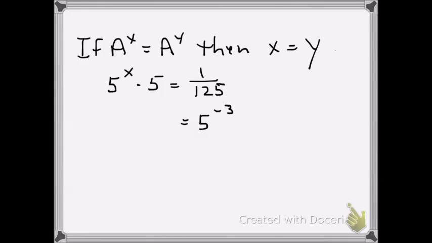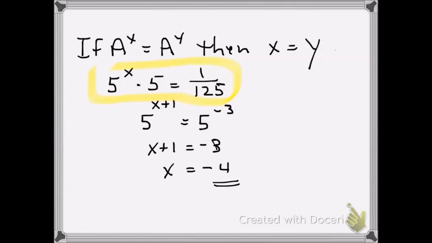So we'll have 5 to the x plus 1. Then we can set the exponents equal to each other. X plus 1 is equal to negative 3. Subtract 1 from both sides, and x is equal to negative 4. So our solution set for this equation that we started off with is negative 4.